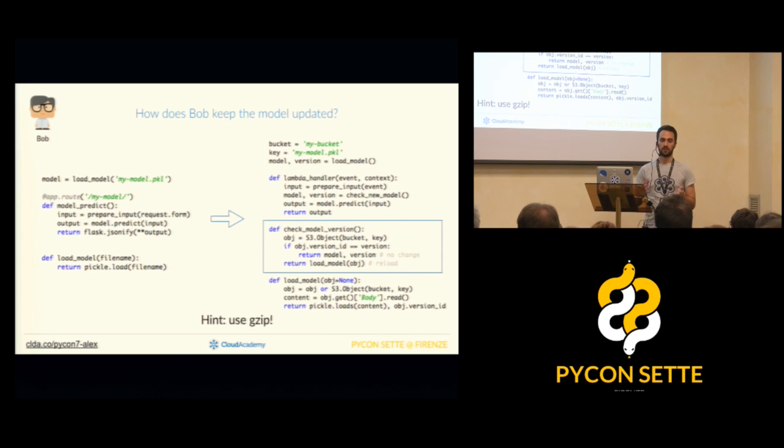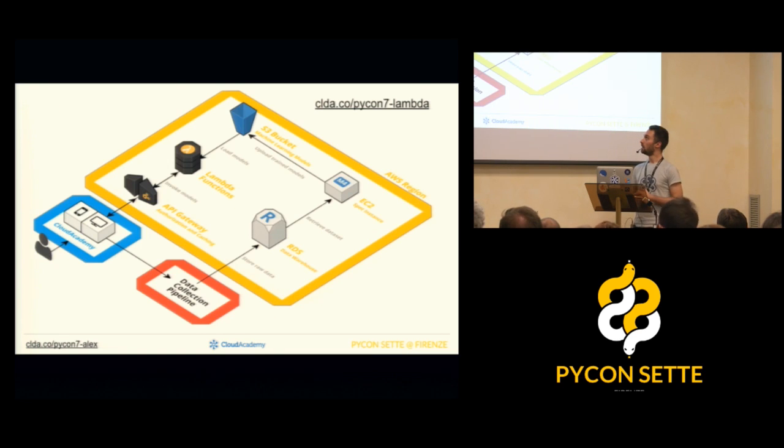But with gzip, you can stay in a reasonable range, maybe a megabyte or even less. So does this work? It's not theory. I'm glad to tell you that it works. And I'm happy to share with you what we've been developing at Cloud Academy for our own internal project.